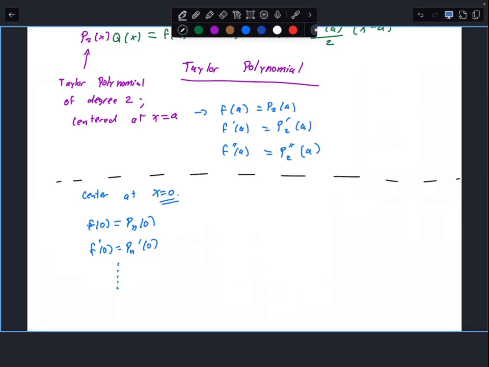We call this a Maclaurin polynomial, because we're not talking about series yet. So when you hear Maclaurin, all that means is a Taylor polynomial specifically centered at x equals 0.